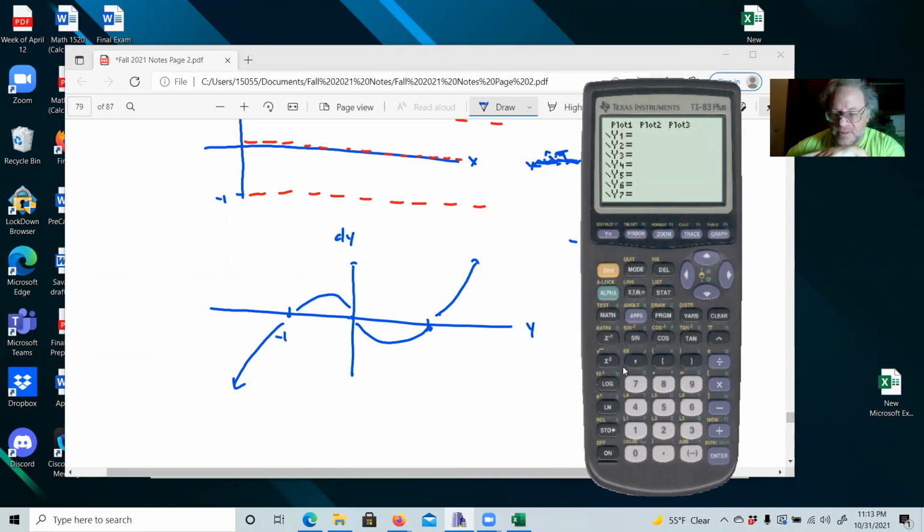So where's my dependent? x times (x squared minus 1). If we go through here, I think we can graph this. We might have to zoom in a bit, zoom in a bit more.